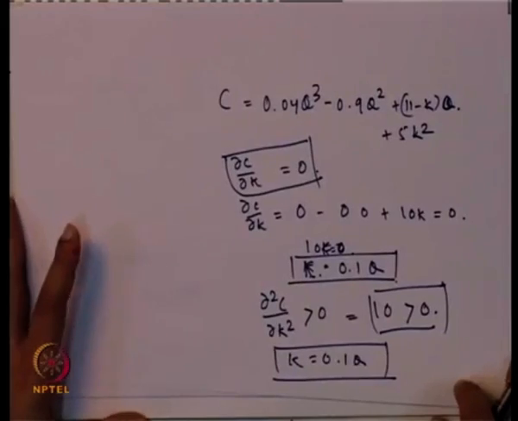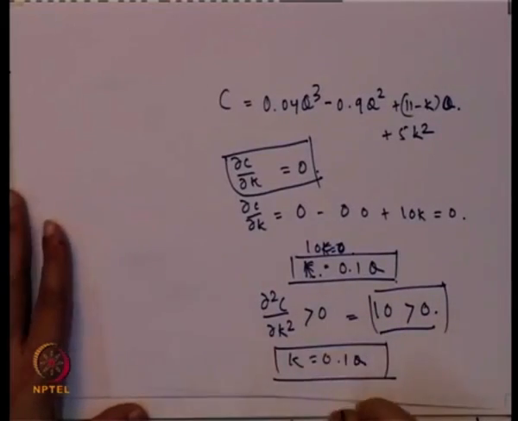So, we can say that both the conditions are getting fulfilled: the first order derivative has to be equal to 0, and the second order derivative has to be greater than 0. So, in this example, both conditions get fulfilled, and we can say that k is equal to 0.1q.